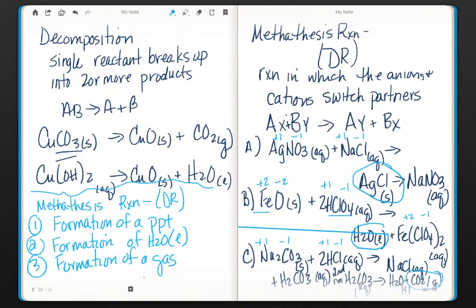And that gas can be CO2, a stable gas, or H2S. There could be other stable gases, but those are just 2 off the top of my head. That's terrible, my handwriting here.